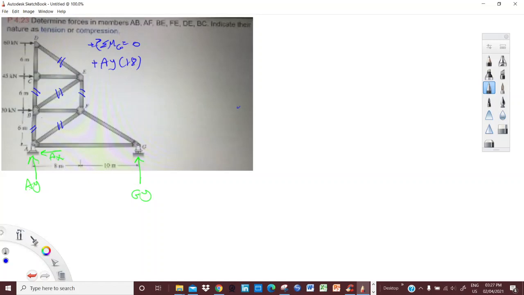Then I have clockwise 60 plus 60 times 6 times 3, and plus 45 kilonewton times 6 times 2, and plus 30 times 6, equal to 0.